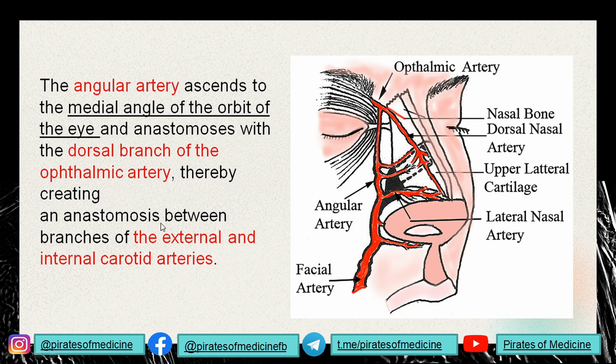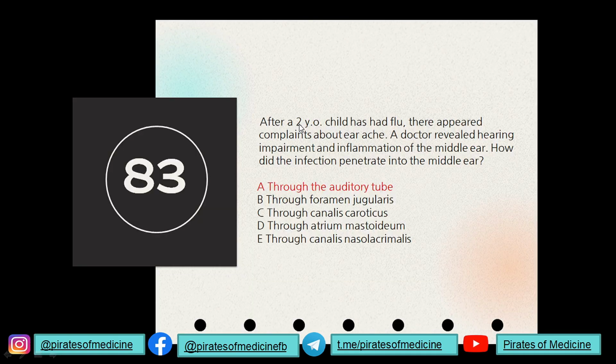So at the end, there is an anastomosis between the external and the internal carotid arteries, right over here with the medial eye angle. Ophthalmic artery anastomosing with the angular artery's branch. Correct? So external carotid artery anastomosing with the internal carotid artery.